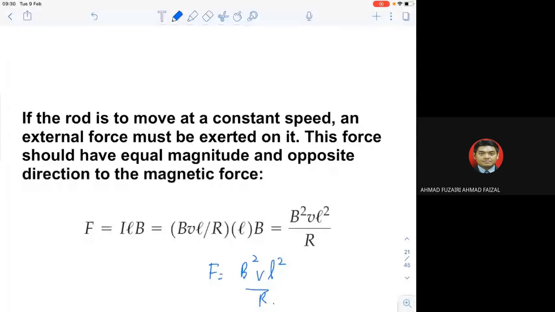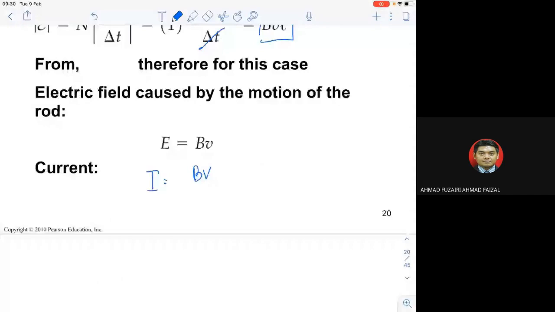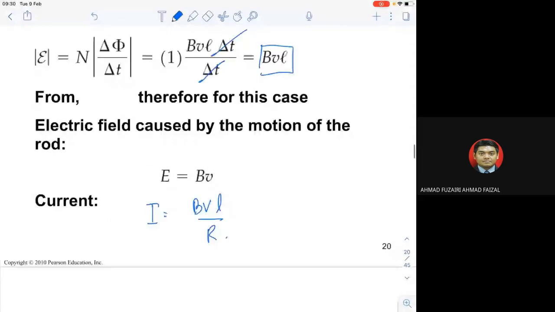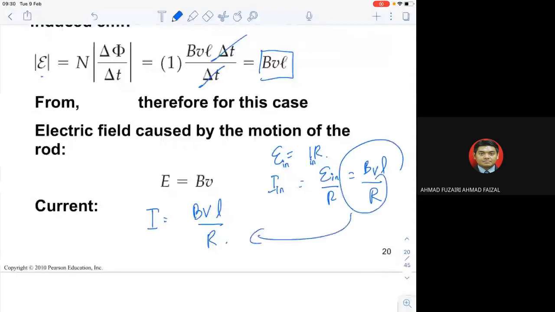Current I is BVL over R, because this is the induced EMF. Remember, induced current I equals induced EMF over R. So what is the induced EMF? BVL. That's how we get the induced current, BVL over R.